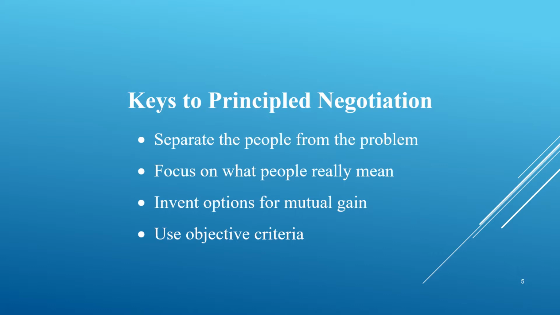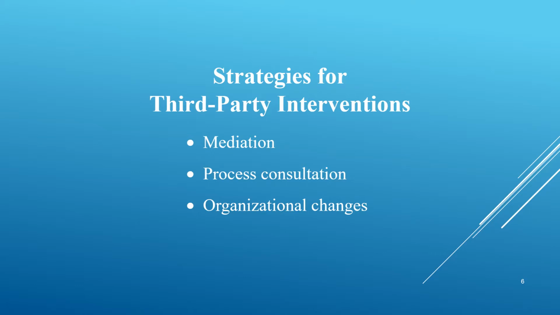So sometimes we need to bring in a third party. We need to remain objective. And so to do this, we want to bring in a variety of different opportunities for third-party interventions. Now think about it this way.